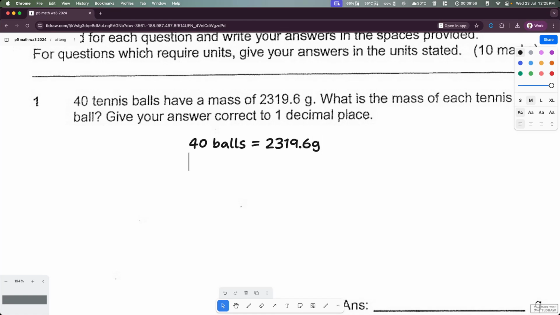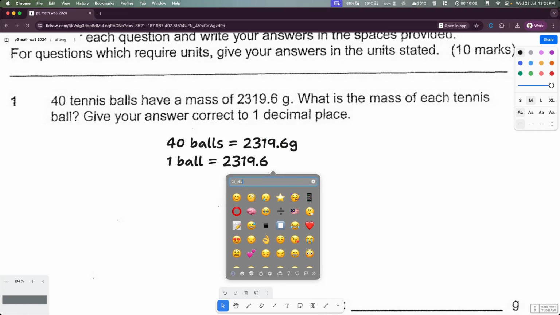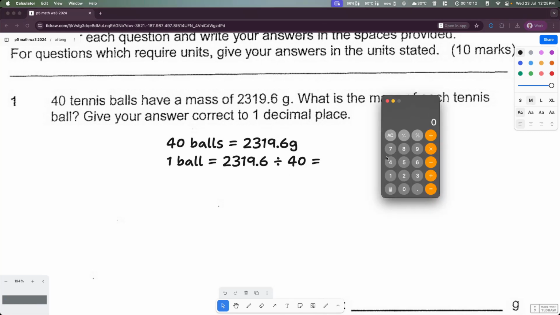We want to know the mass of each tennis ball. So one ball is equal to 2,319.6 divided by 40. Since we can use the calculator, that's what I'm going to do.